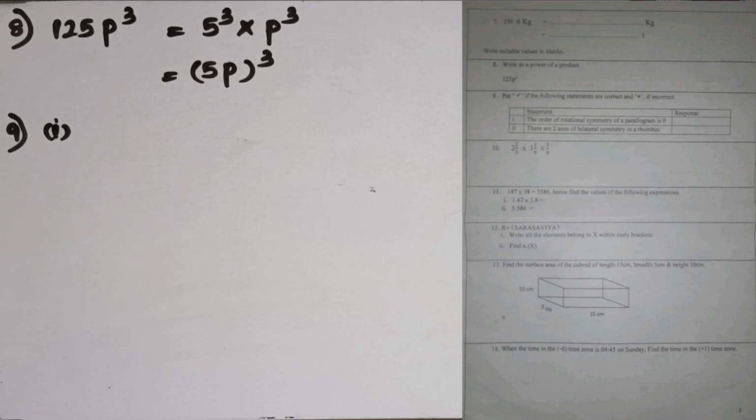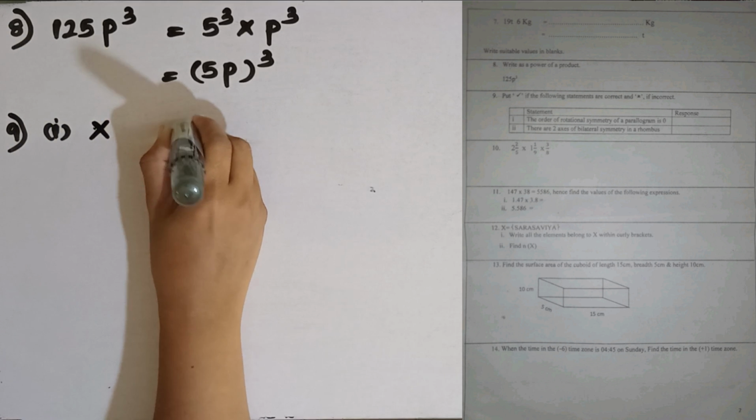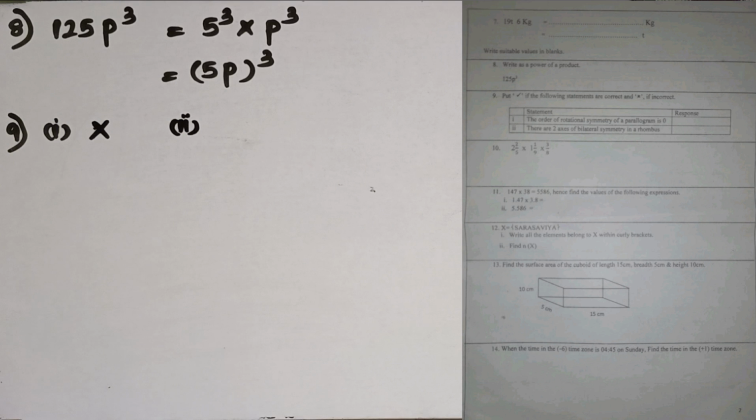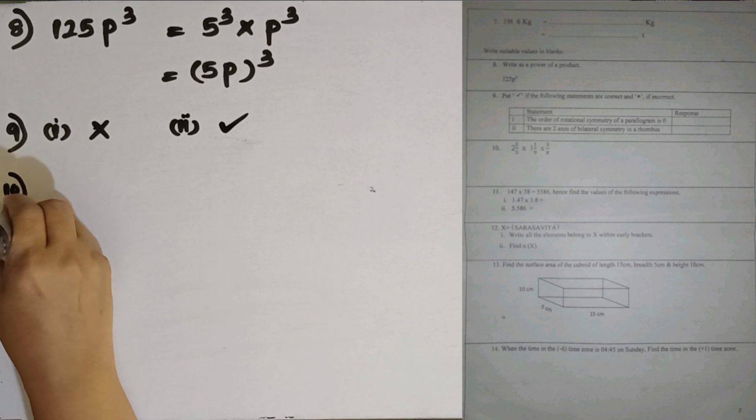In a parallelogram, the order of rotational symmetry is equal to 2, as it coincides 2 times when rotating around its own axis. So the first one is wrong. Then the second one, there are 2 axes of bilateral symmetry in a rhombus. In a rhombus, there are 2 axes. Yes, that is correct.